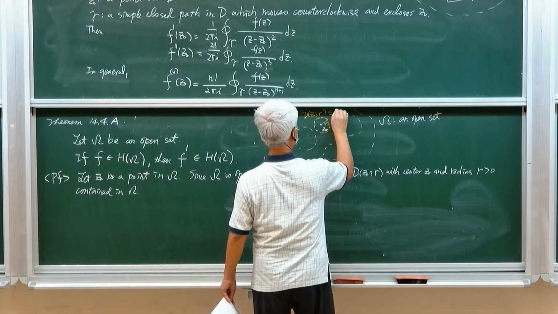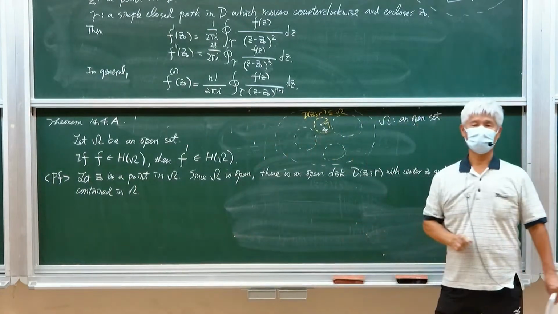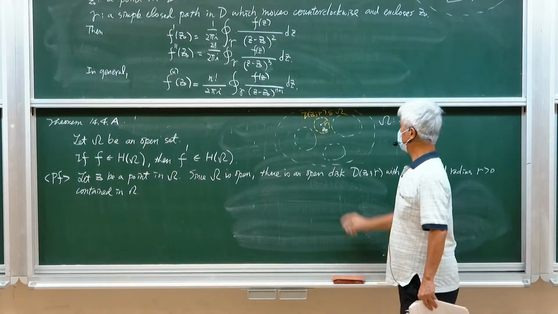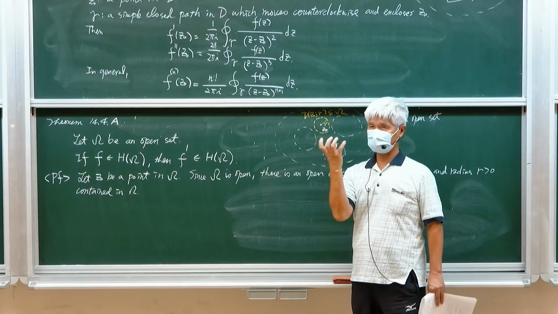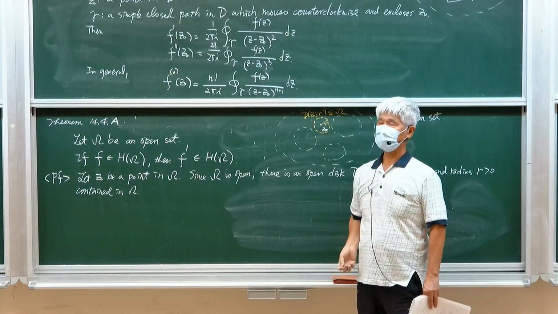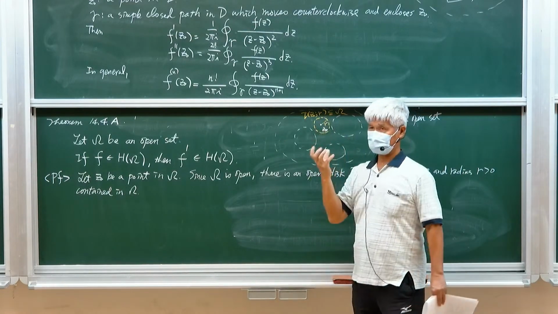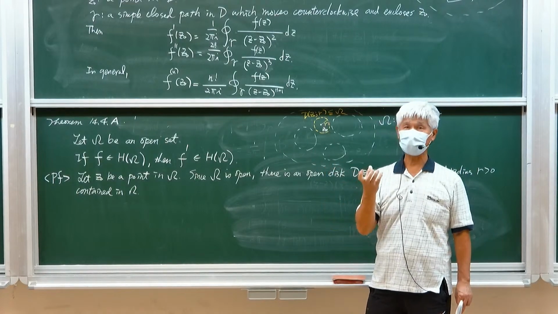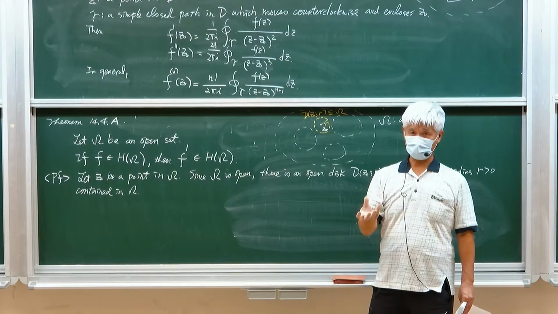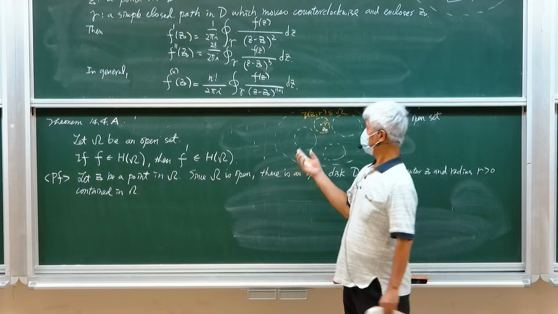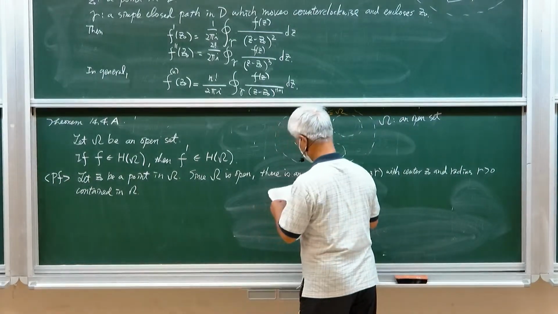Alright, so this is contained in omega. And we know the open disk is a convex open set. So it's a simply connected domain. Okay? So this is a simply connected domain.